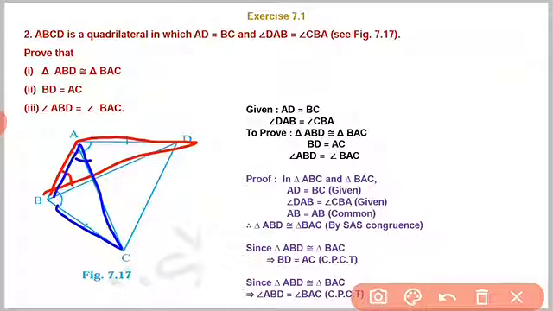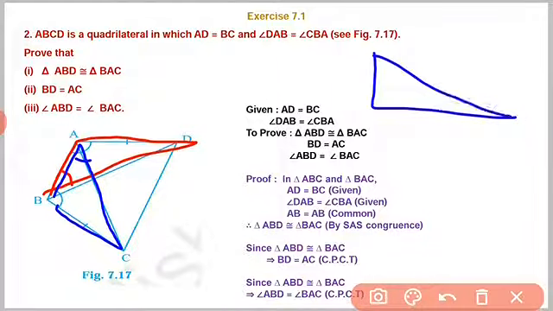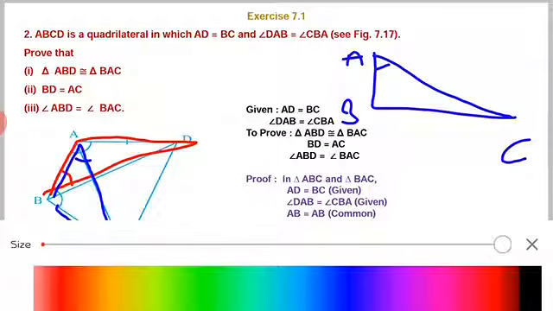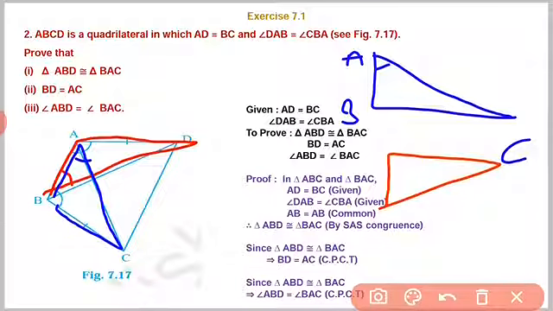So let's draw again. We had angles like this, A, B, C. See, now you can separate the angles, and we have to show that this angle is equal to this one, meaning angle BAC is equal to angle ABD.